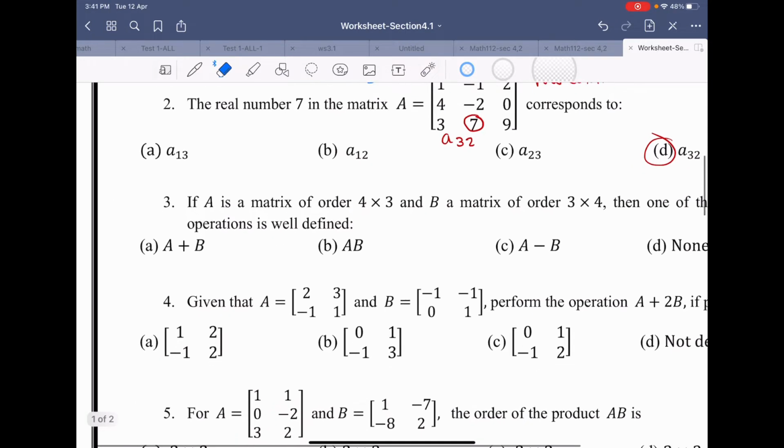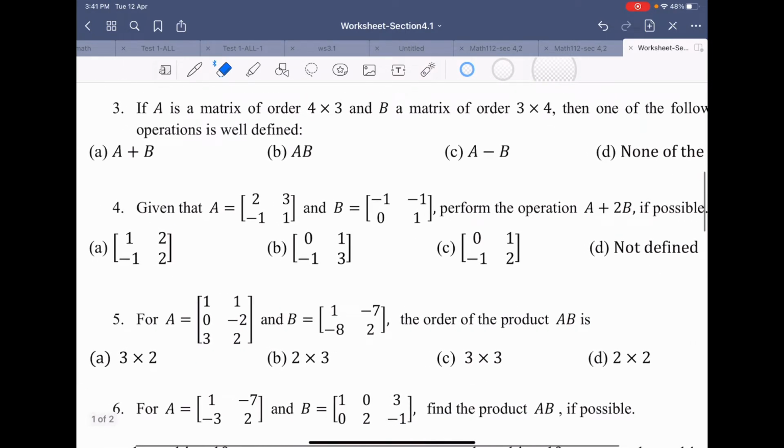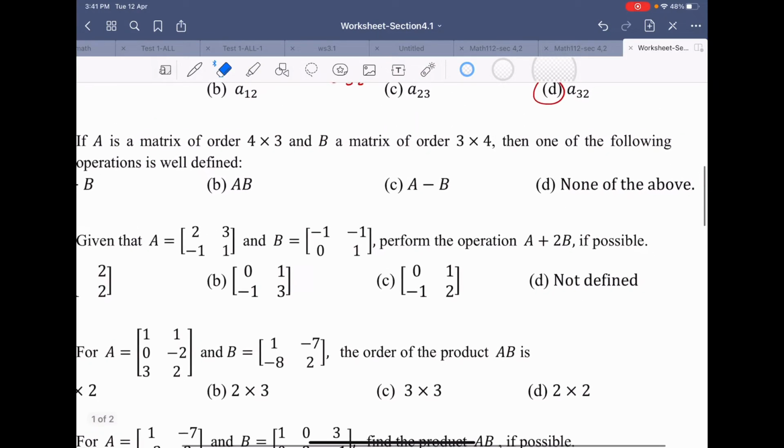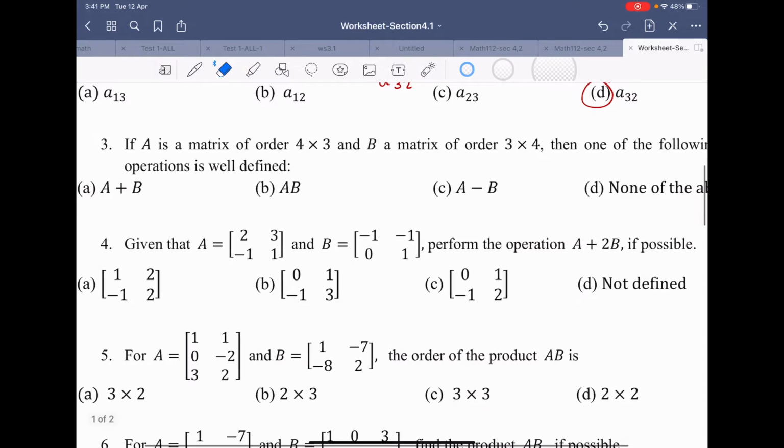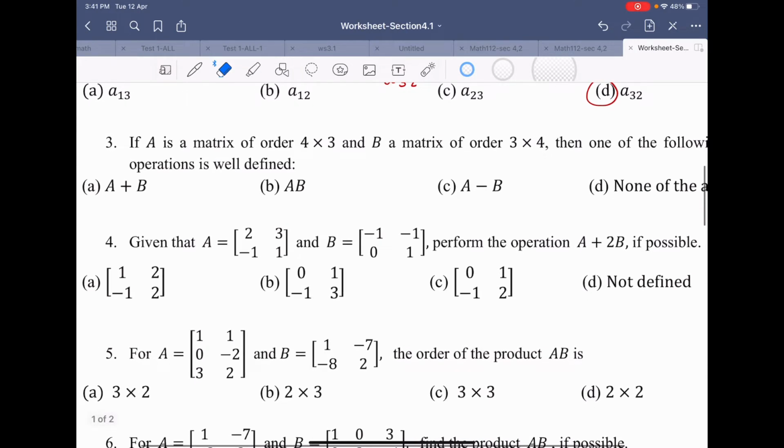Okay. Question number 3. If A is a matrix with order 4 times 3 and B a matrix of order 3 times 4, then one of the following operations is well defined. As you know, in the multiplication, if the first matrix is this one and the second matrix is this one, the number of columns has to match the number of rows in the second one.